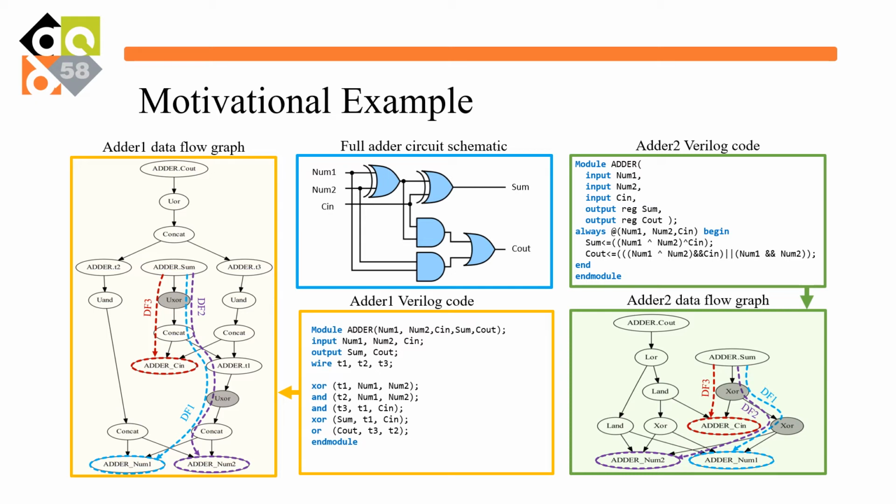Suppose we focus on the critical nodes in the flow, the XOR nodes, and ignore the excessive nodes related to concatenation and internal signals. In that case, the data flows in both data flow graphs represent the same operations. In this regard, we can see how we can unveil the similarity between two designs using this graph representation.